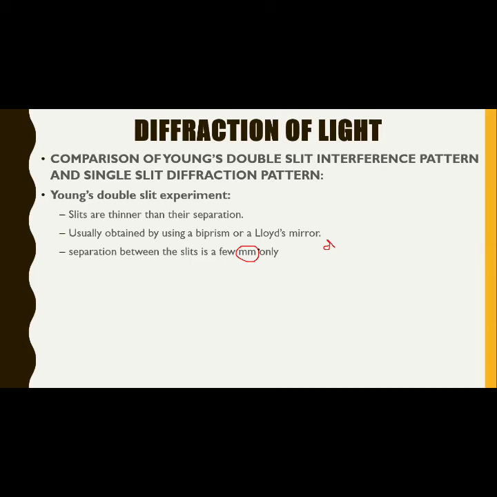It was 30 to 40 equally spaced, stress on equally spaced, bright and dark fringes. So this was how we got the interference pattern using Young's double slit method.